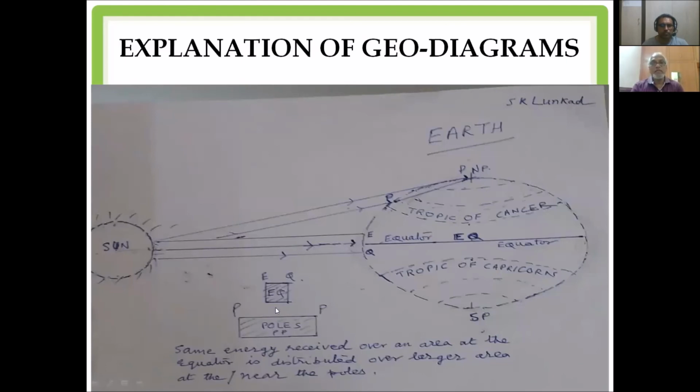That is usually more than double, or double. But this is an approximation, a rough way to explain that the insolation received decreases as you go from the equator to the pole on either side, to the south pole or to the north pole. Okay, that's what I wanted to explain.